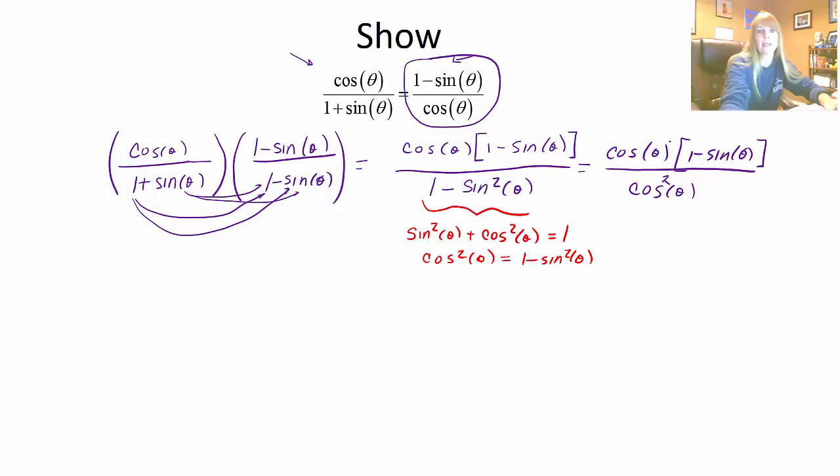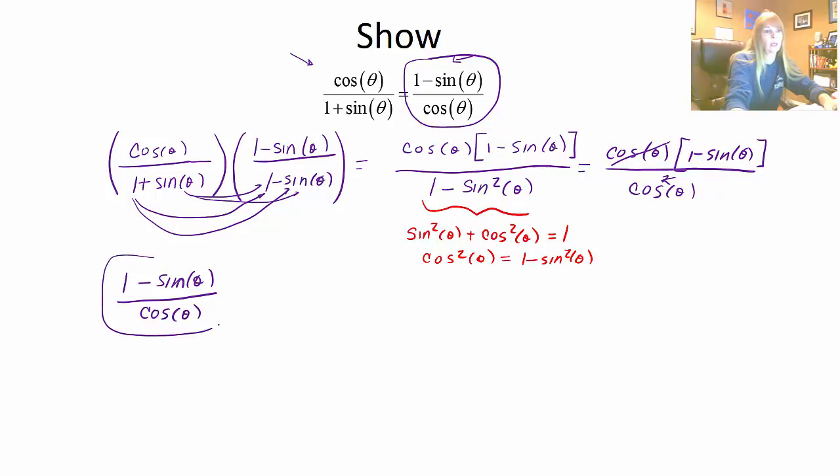So now I can cancel one of these on the bottom, and I end up with 1 minus sine, and then just 1 cosine at the bottom. And if you recognize that, that's that one right there.